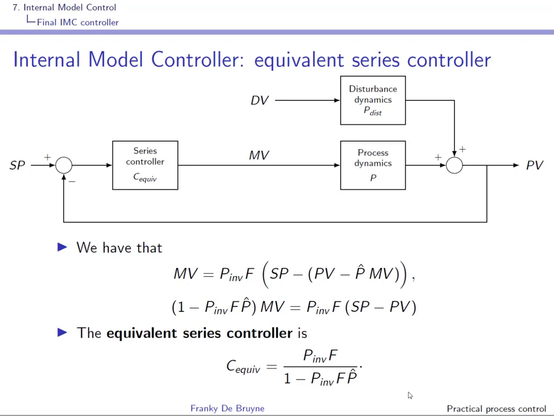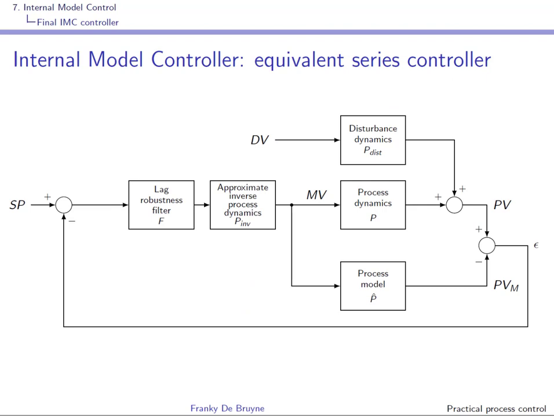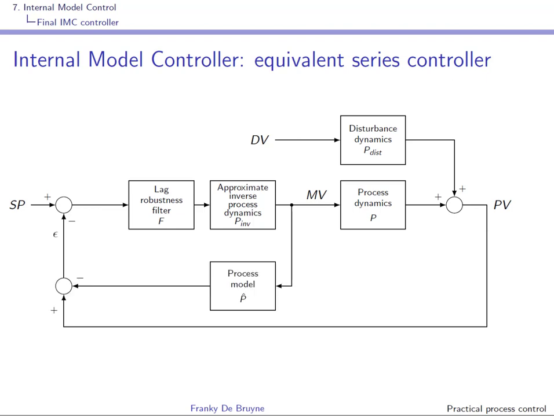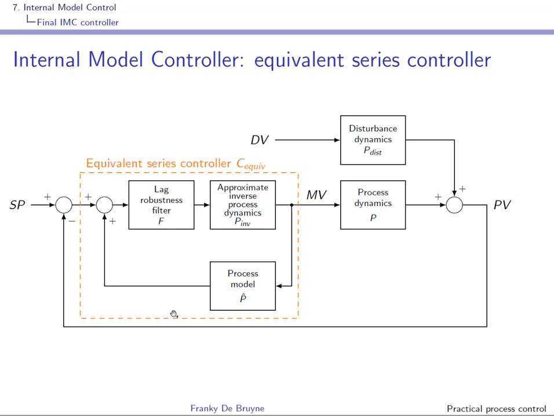Here we have obtained the equivalent series controller using equations. You can also obtain it by reorganizing this block diagram. So let us start with that. As you can see, there is nothing that is changing over here, and here we have the minus here and the minus here. So what we could do is take this one and take it over here. But since we have minus and minus, then we have a plus over here. And this is what is done over here, right? So this is now the equivalent series controller, and it is indeed acting on the control error SP minus PV.